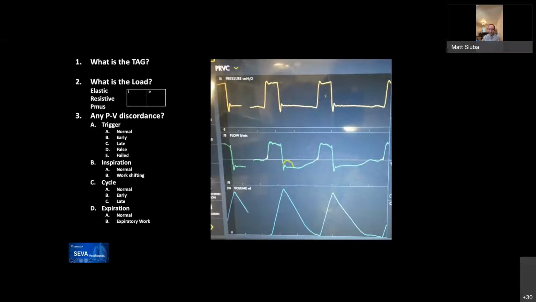It'd be something like this, maybe. If you see that, it indicates that the neural inspiratory time is longer than the ventilator inspiratory time, which is the definition of early cycle, right? Right.